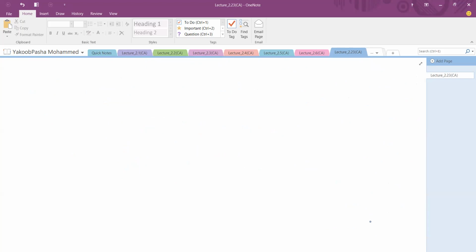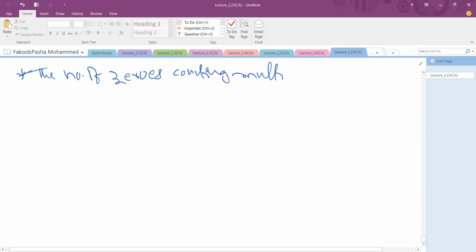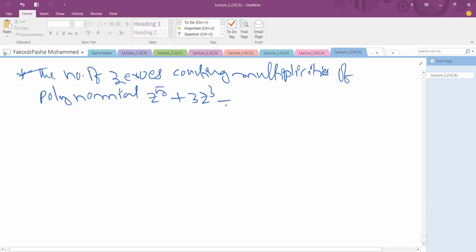The number of zeros, counting multiplicities, of the polynomial z power 5 plus 3z cube plus z square plus 1 inside the circle modulus of z equal to 2 is. This is the question.